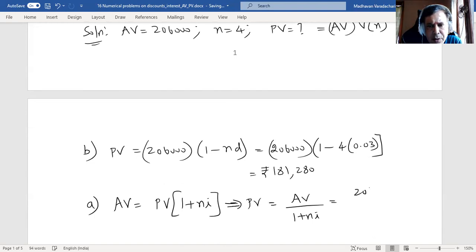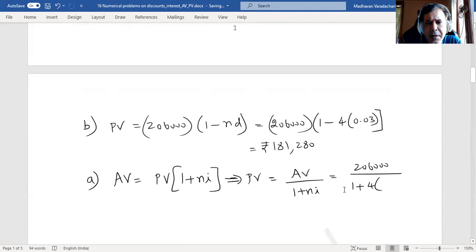Accumulated value is given in the question as 206,000, divided by 1 plus 4 years times 3%. So here we have 4 into 0.03 plus 1, 1.12.